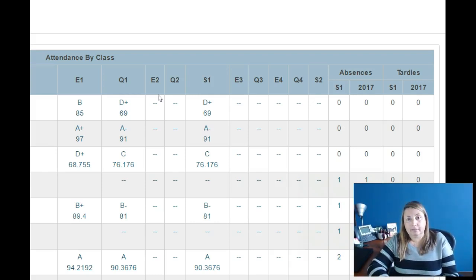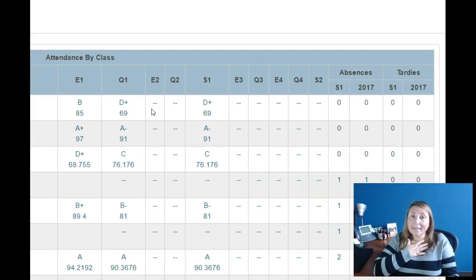And it will stop there. The quarter 2 will include basically the E2, so starting on Monday, and it will go all the way through December 18 or something like that, which is the last day of school for students.